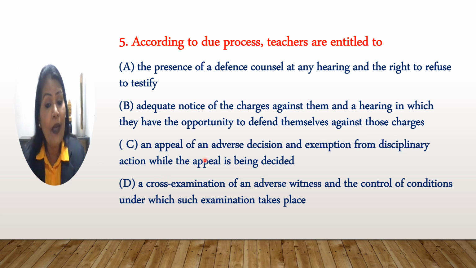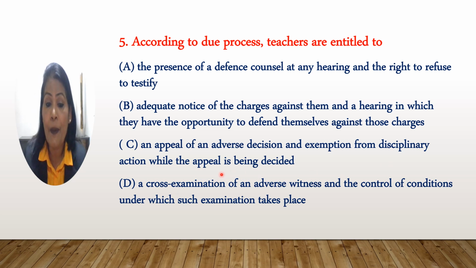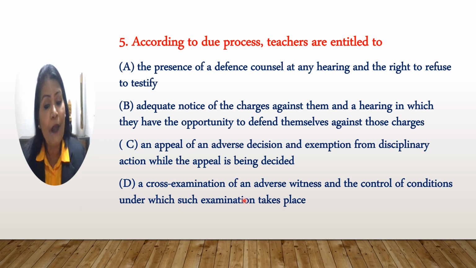C. An appeal of an adverse decision and exemption from disciplinary action while the appeal is being decided. D. A cross-examination of an adverse witness and the control of conditions under which such examination takes place.